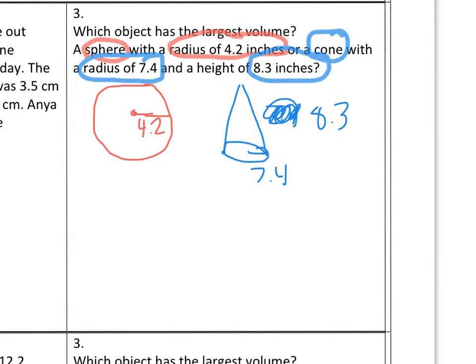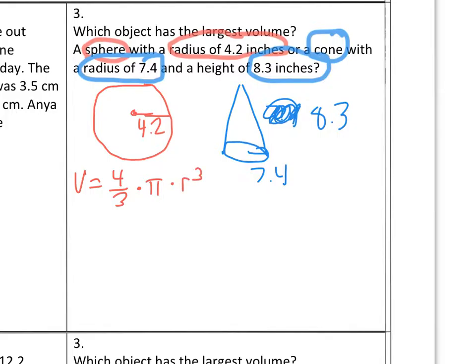Okay. So first thing we got to do is determine the volume formula for a sphere. Now, again, the formula you just have to know. Now I'm going to go ahead and stick with red here. We have volume equals 4 over 3 times pi times the radius to the third power.